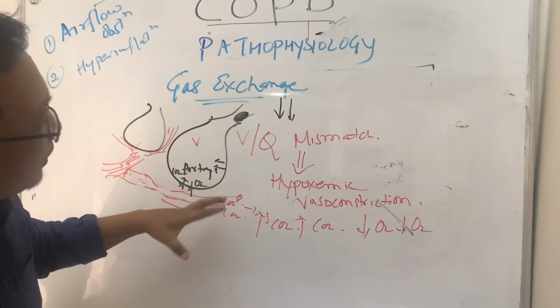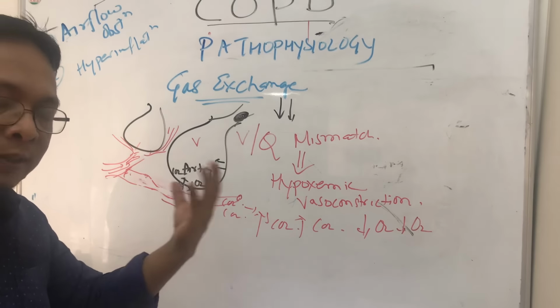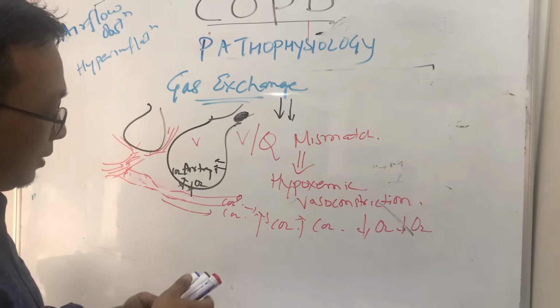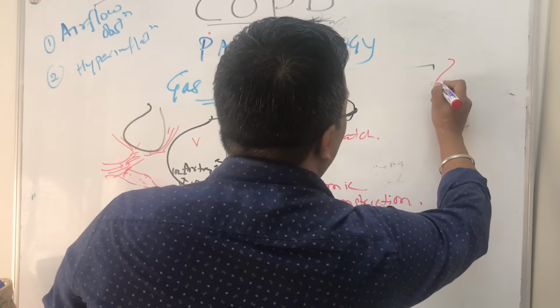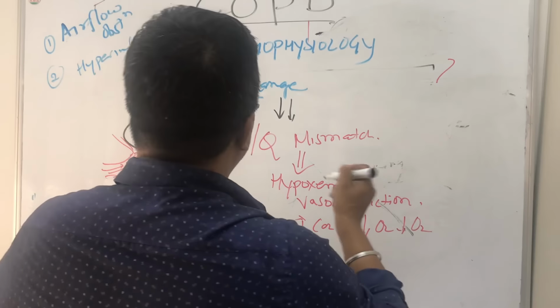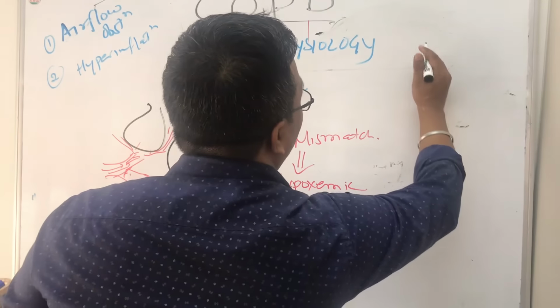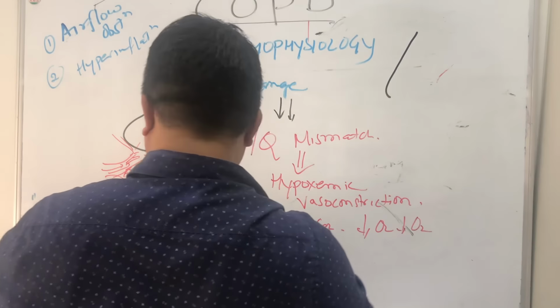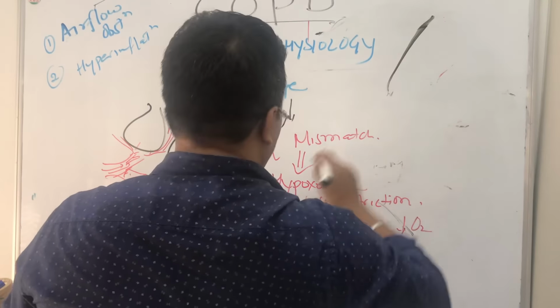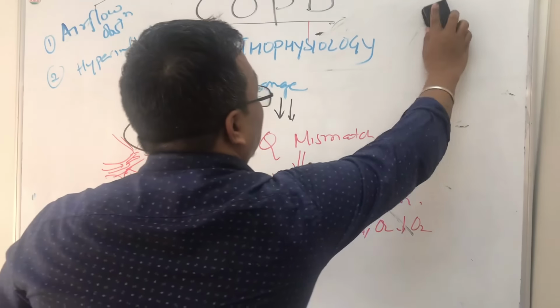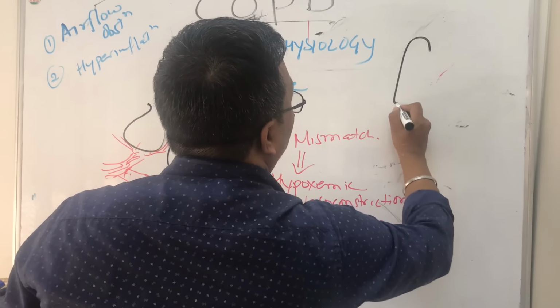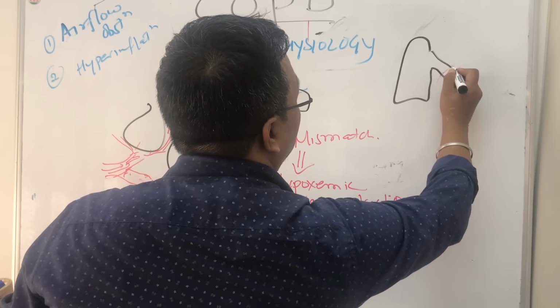Now when this COPD is going on for a long time, what will happen when most of the alveoli are affected? This is just the case of one alveolus. So let's say most of the alveoli are affected in the long run.